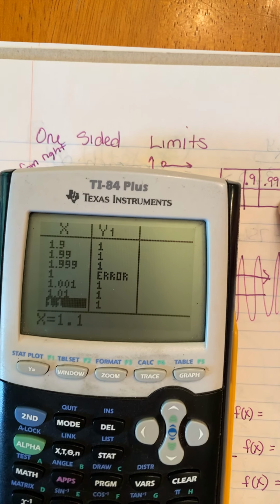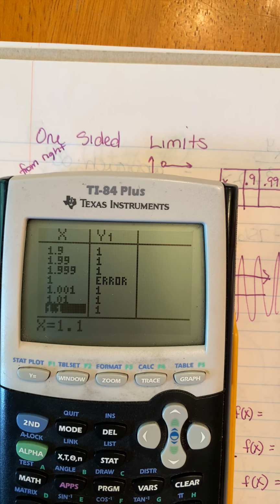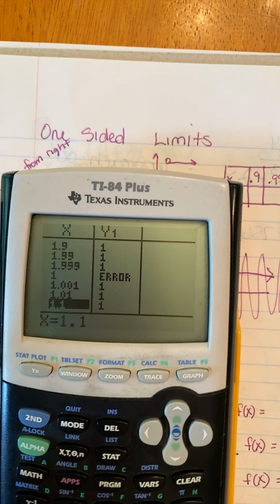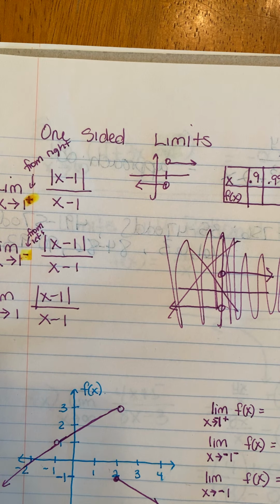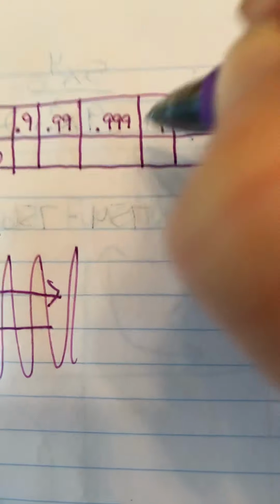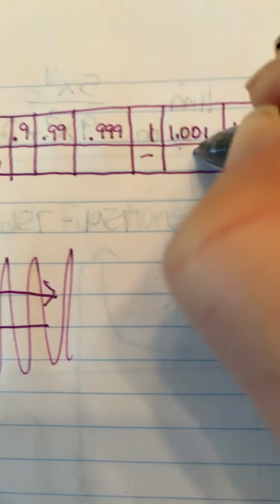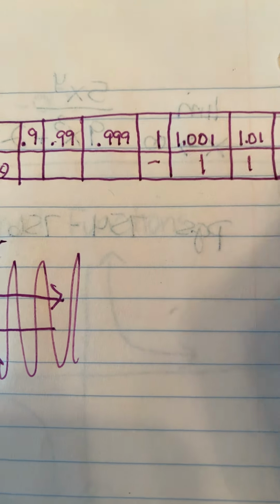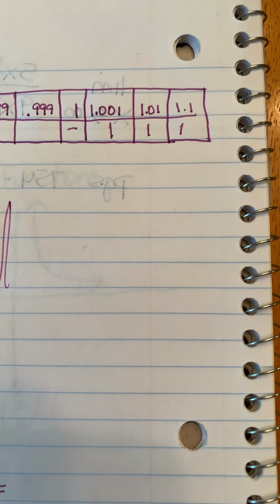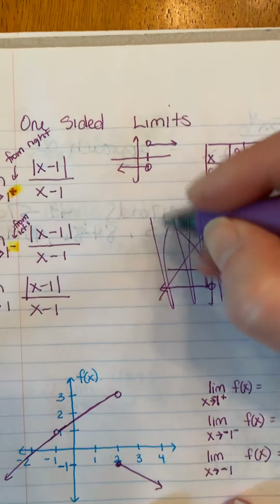Okay, and we can see that these are all 1s. You can even fill that in with the table if you want. Sorry, my cell phone, I'm going to have to hold and do this because it's not working for me. Okay, so those were all 1s. Looking at my table again.